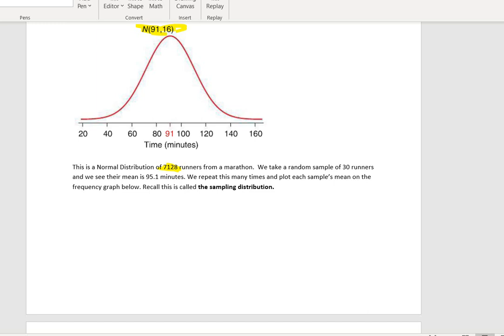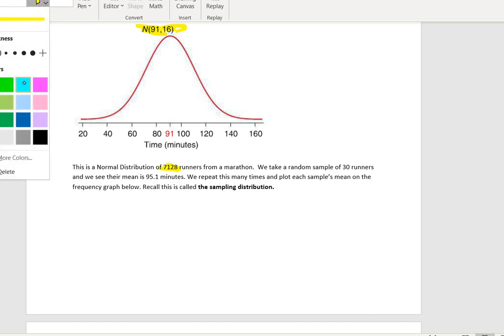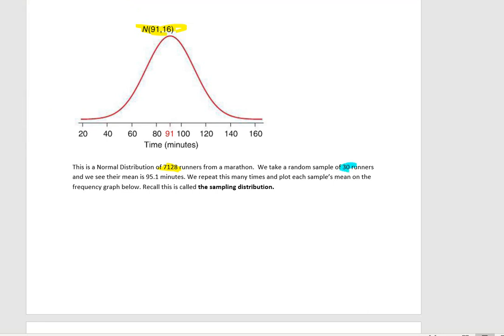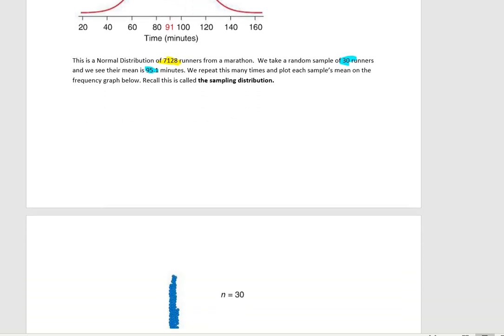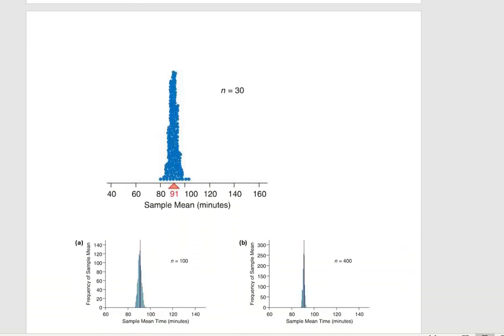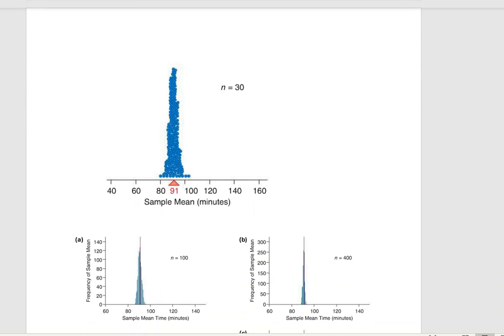So we're going to repeat this over and over and over again, and plot that on a chart. Just keep in mind that we're trying to say something about this population using a sample of 30. And in this one case, a sample of 30 returned 95.1 for the average. Now when we do that over and over, if we randomly sample all of these runners, we're going to have some groups that are a little bit slower.